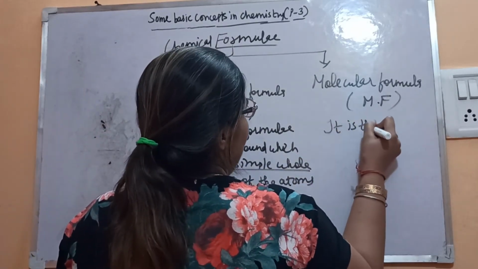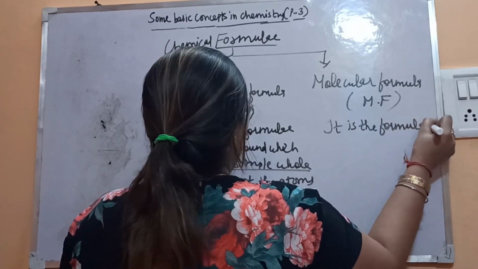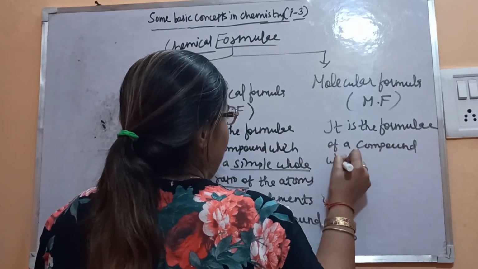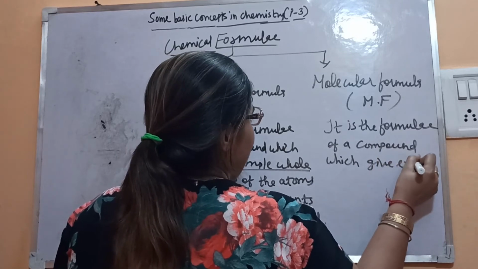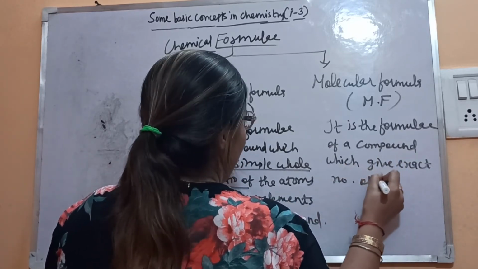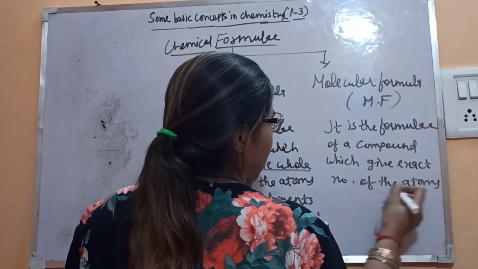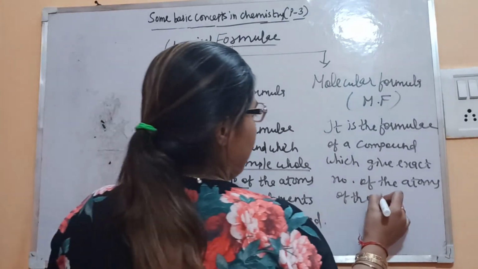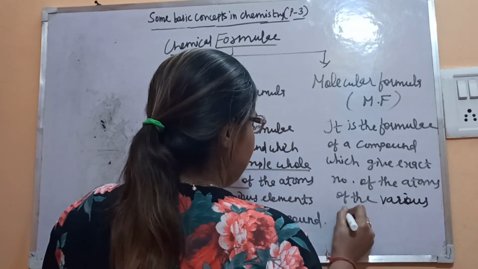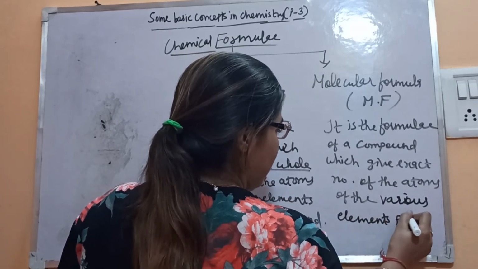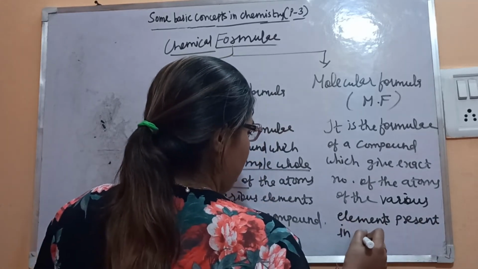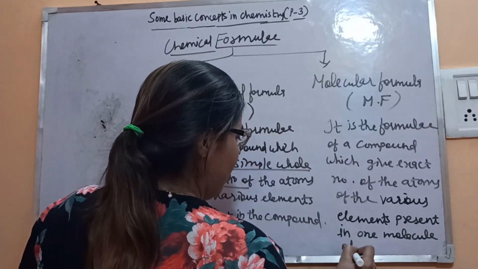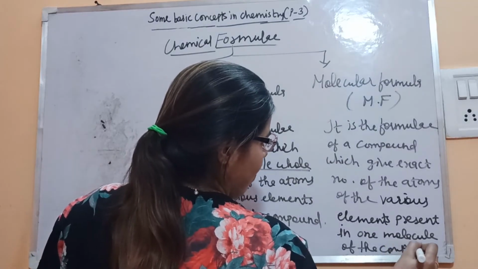It is the formula of a compound which gives the exact number of the atoms of the various elements present in one molecule of the compound.